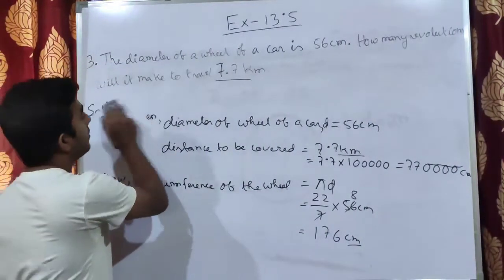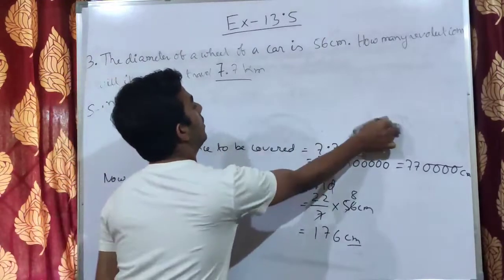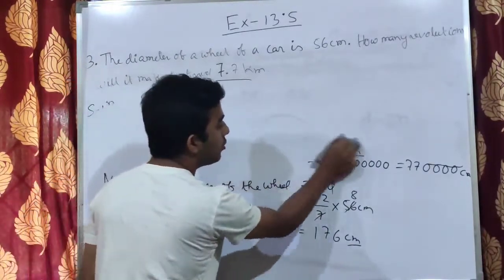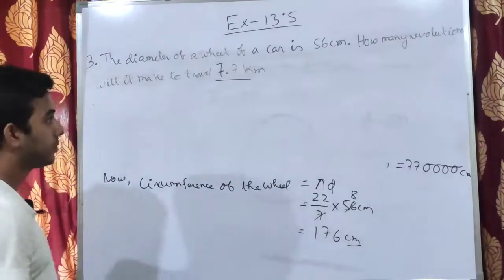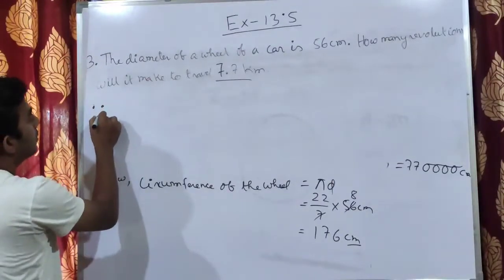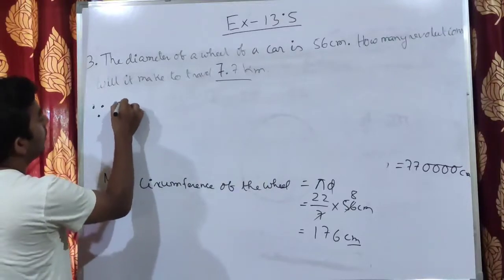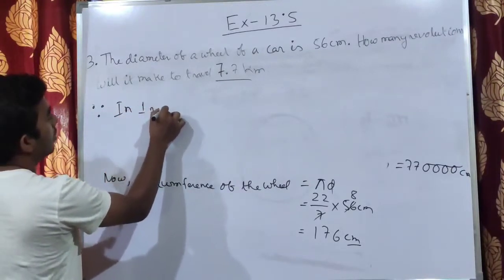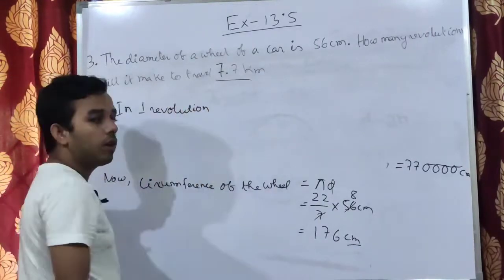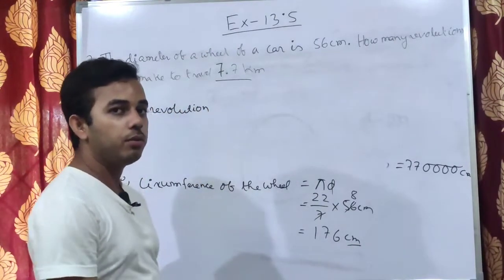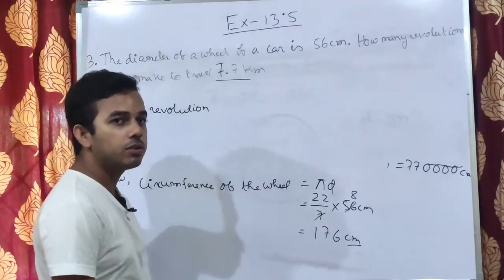So now we will write: since in one rotation or revolution the distance covered is 176 centimeter. Do you know the difference between rotation and revolution?